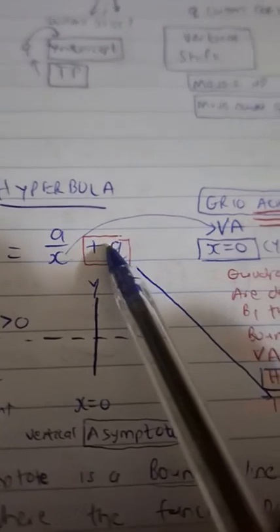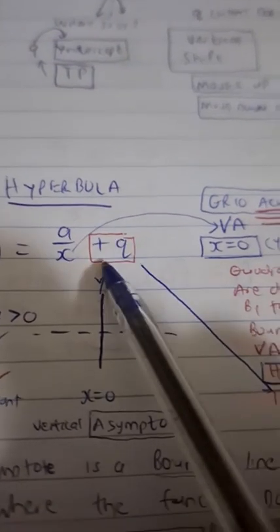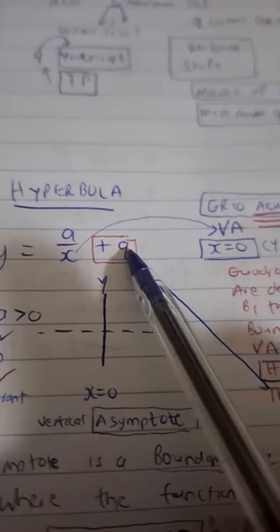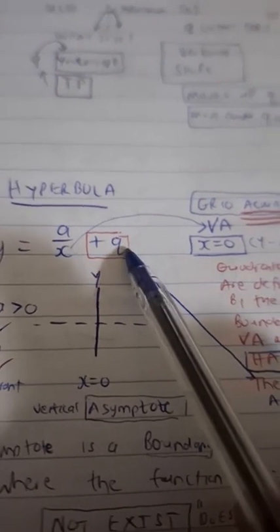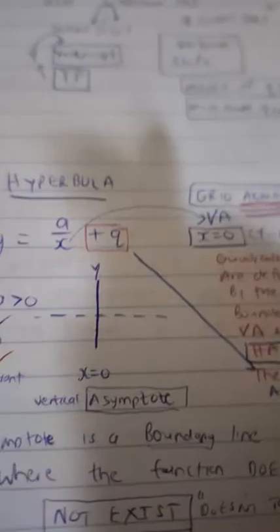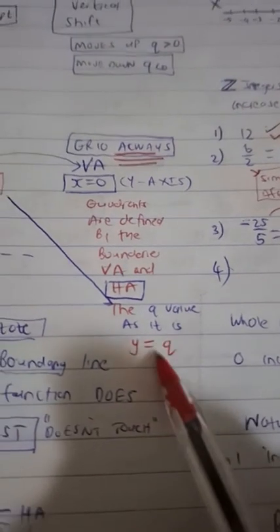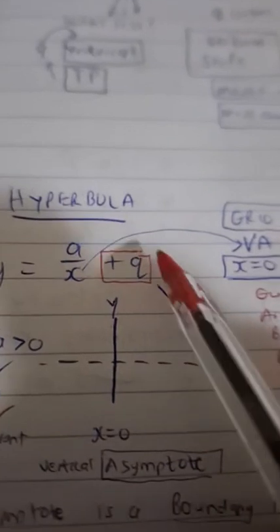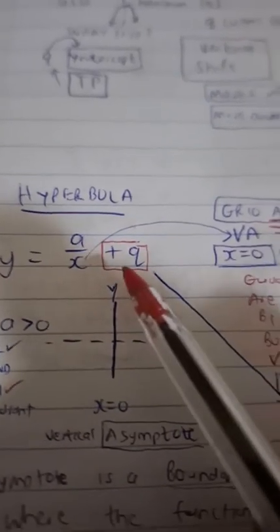So whatever value might be there, if this Q value is equal to 3, then we know that our horizontal asymptote is 3. If this Q value is -7, then it means our horizontal asymptote is -7. But the equation would be y is equal to that Q value, whatever that Q value is. So generally speaking, we are just going to say y is equal to Q because we are looking at a general function.